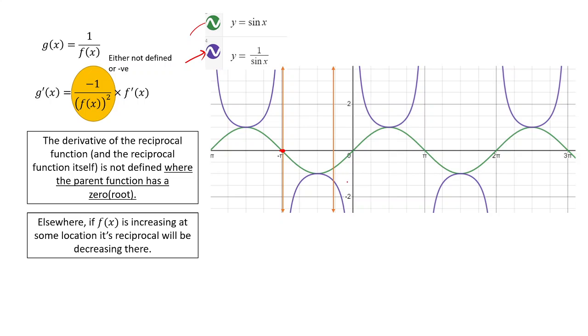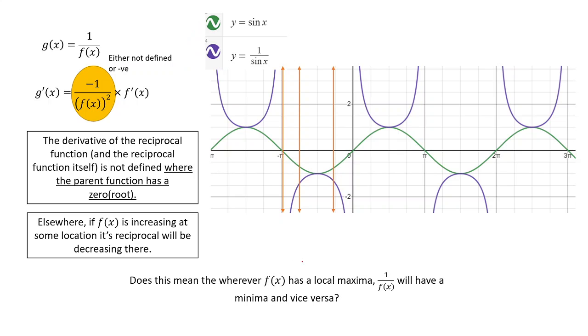Then you think about this location here, sin x has a value smaller than 1 in magnitude, and it's negative. So you do a reciprocal of that. Then you will see that the value will be even lesser than -1, and it's increasing here. So it's decreasing here, right? You can reason like that. Same. It's decreasing here. So this is increasing here.